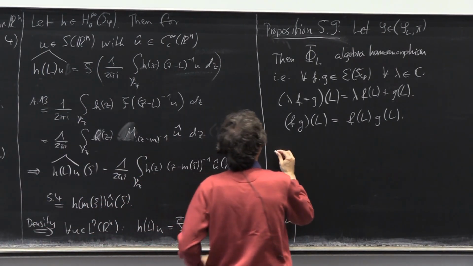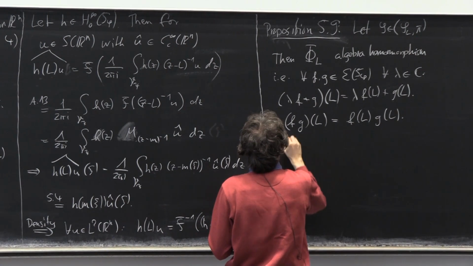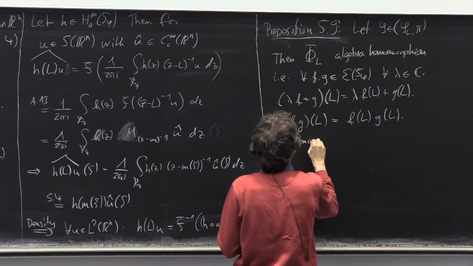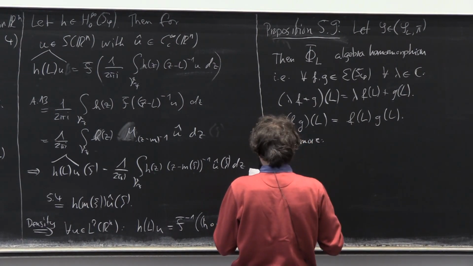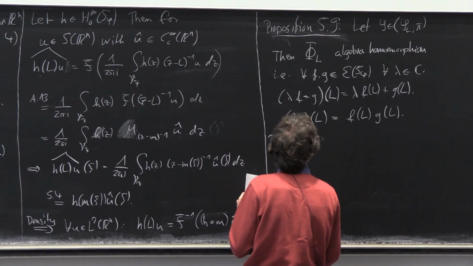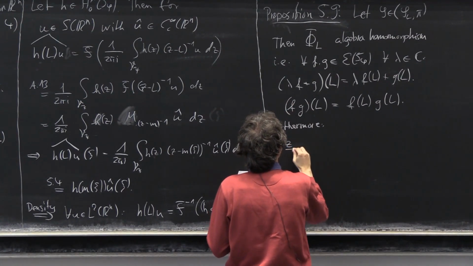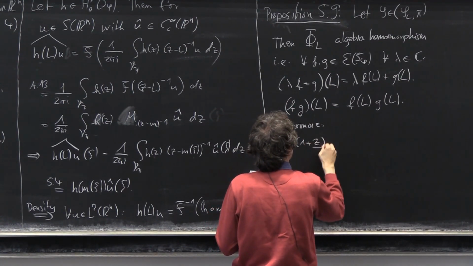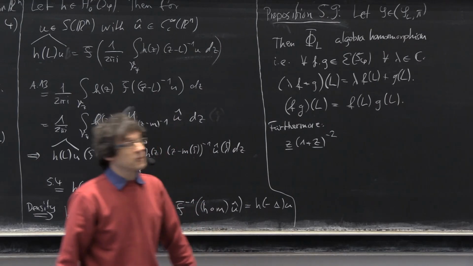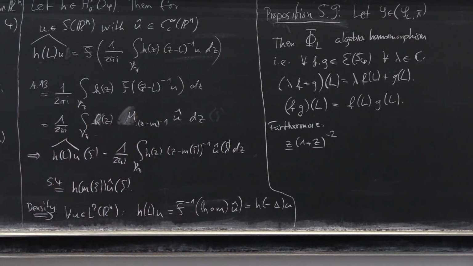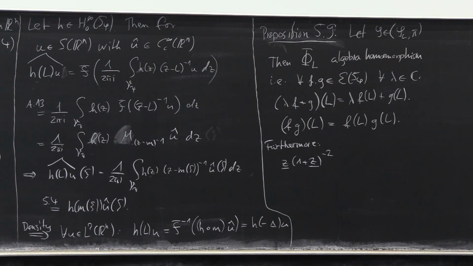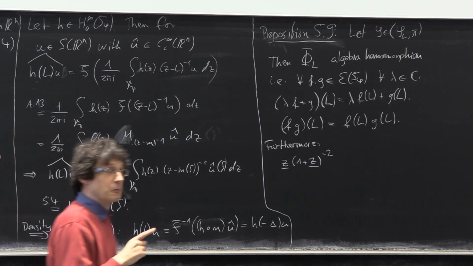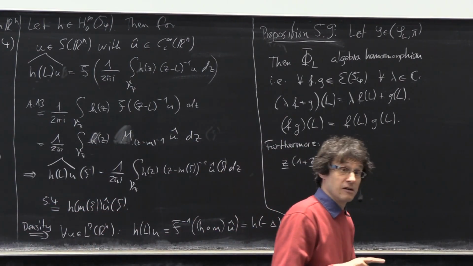Third thing, furthermore, I will show one special equality which we will need often. I take again this function z over 1 plus z squared. You've seen this already as an example for an H infinity zero function, and why this function is so important will become clear on Wednesday. We will use this very, very often.